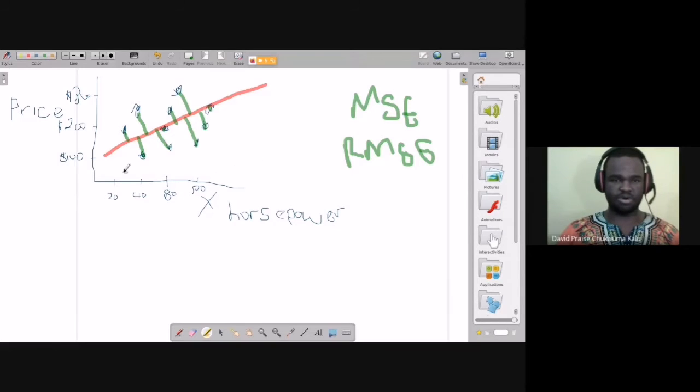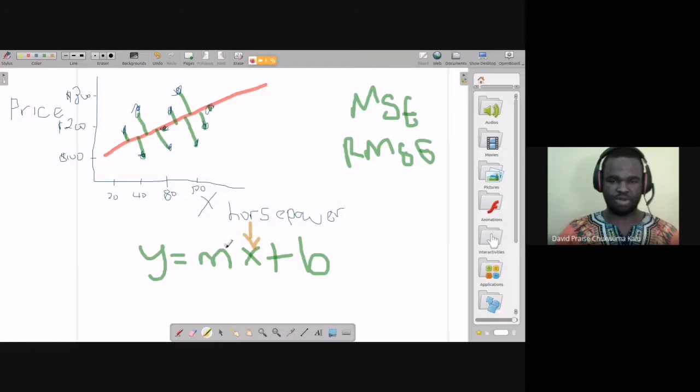If you're familiar, of course, the equation is y, which is our price, equals m, which is our coefficient, times x, which is our horsepower, plus b, which is our intercept.